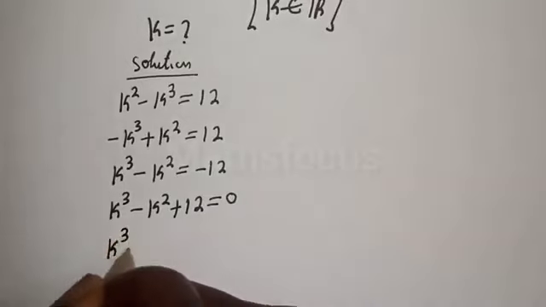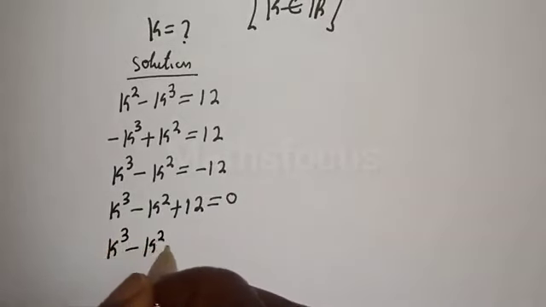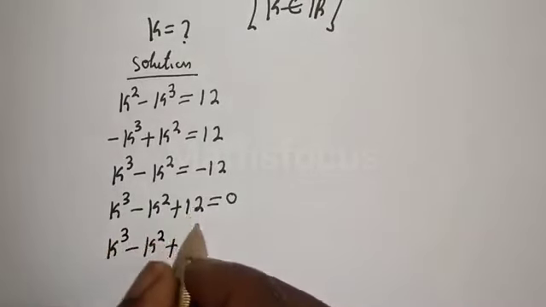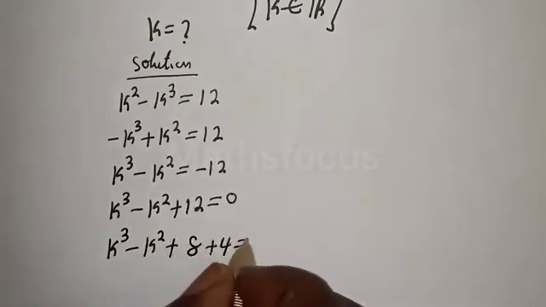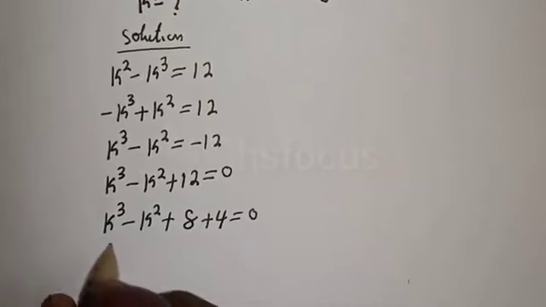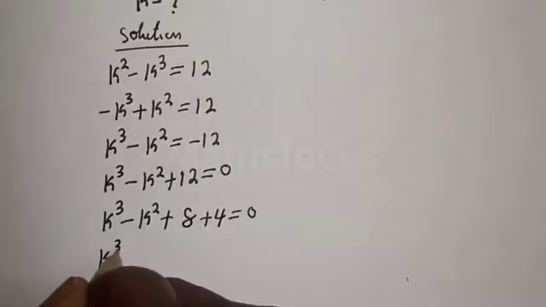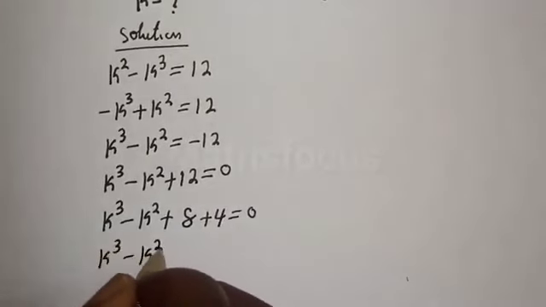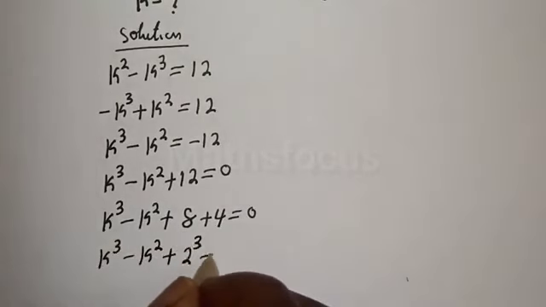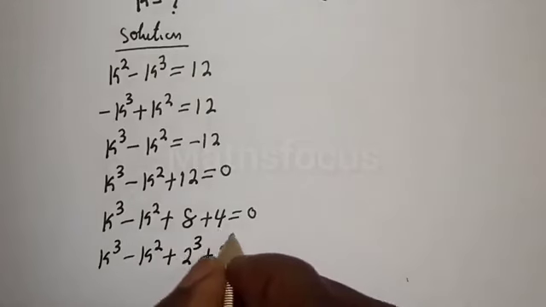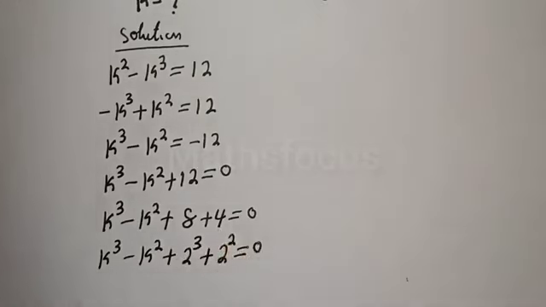k raised to power 3 minus k square plus 12 can be written as k raised to power 3 minus k square plus 8 plus 4 is equal to 0. Then k raised to power 3 minus k square plus 8 plus 4 can be written as 2 raised to power 3 plus 4 is 2 square is equal to 0.